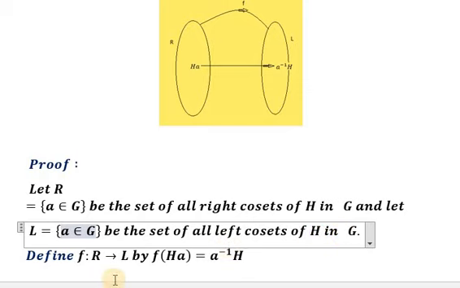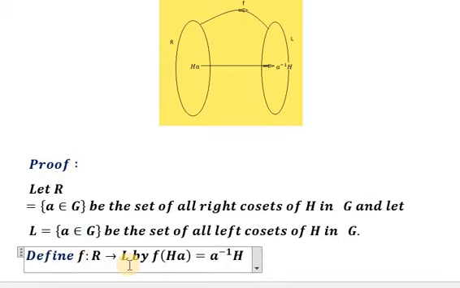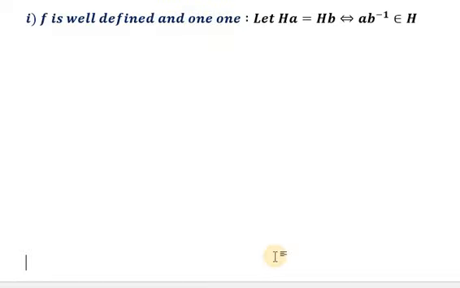So here we have defined a mapping f from right cosets to left cosets by f of Ha is equal to a inverse H. For this theorem also, we have to prove that f is well defined and one-one.